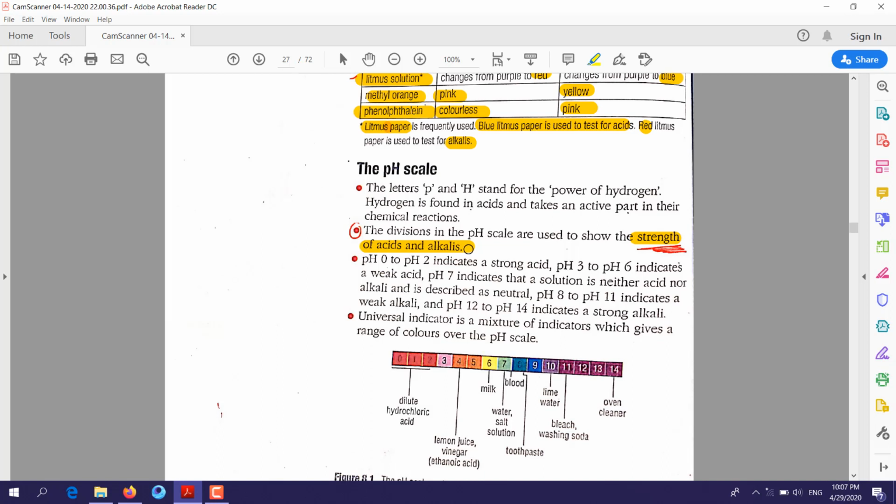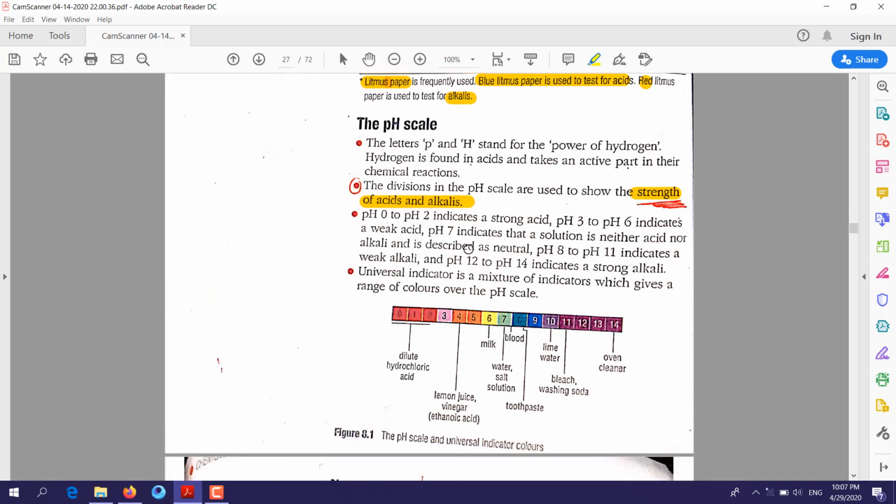If you remember how you did it in the lab, we have pH test papers. When you put the paper in a solution, it changes color. Then we have this scale. You compare the color that you got with these colors and see which color it matches.